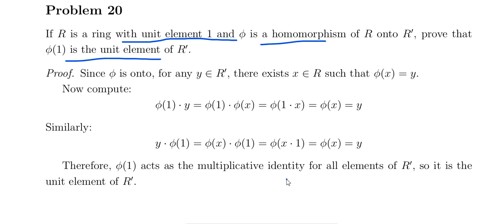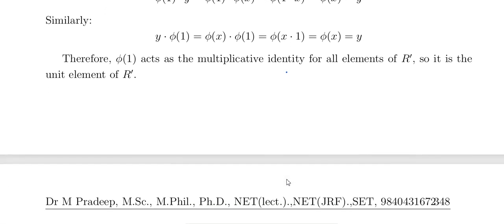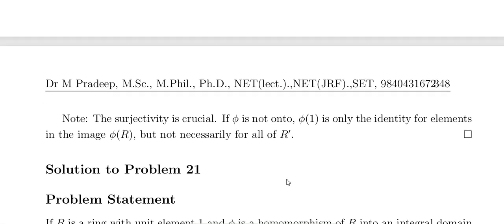Unit element means there exists an element such that when the product is taken we get the same element, that is pi of 1 into pi of x equal to pi of x. So that is equal to pi of 1x, because of homomorphism, equal to 1.